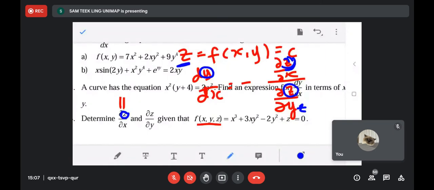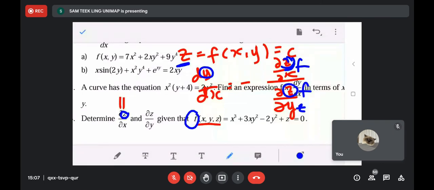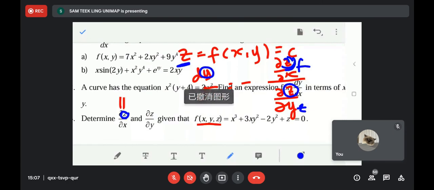So here we use f, because f equals our function.